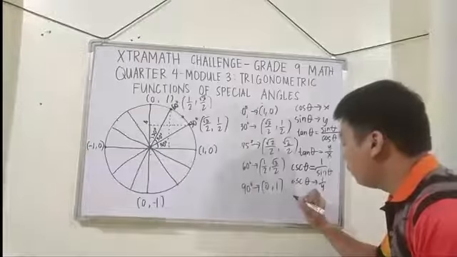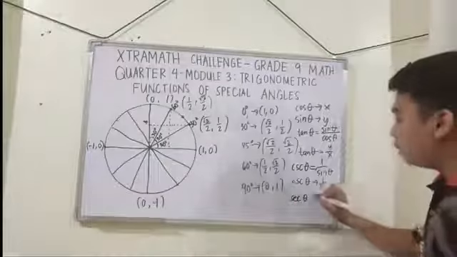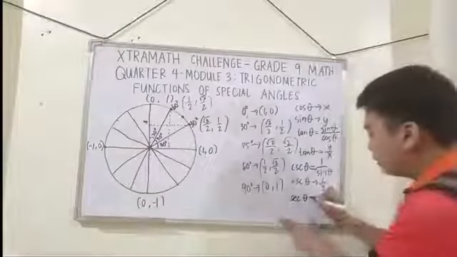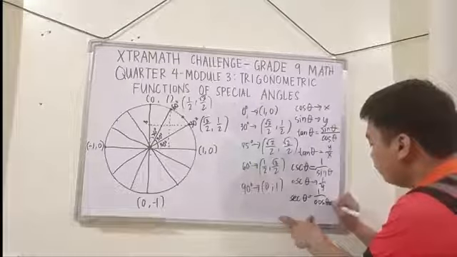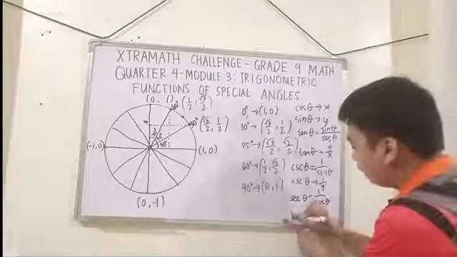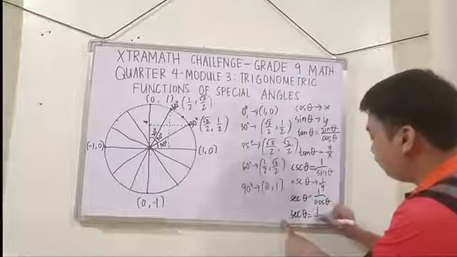And secant is the reciprocal of cosine, so secant theta is equal to 1 over x.